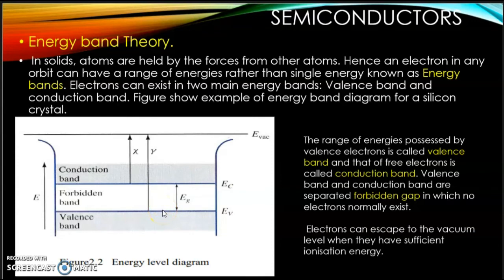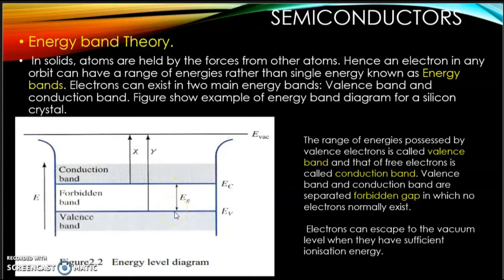That is the forbidden gap. So for a material to conduct, the valence electrons have to gain energy so that they become excited enough to exceed this forbidden gap.